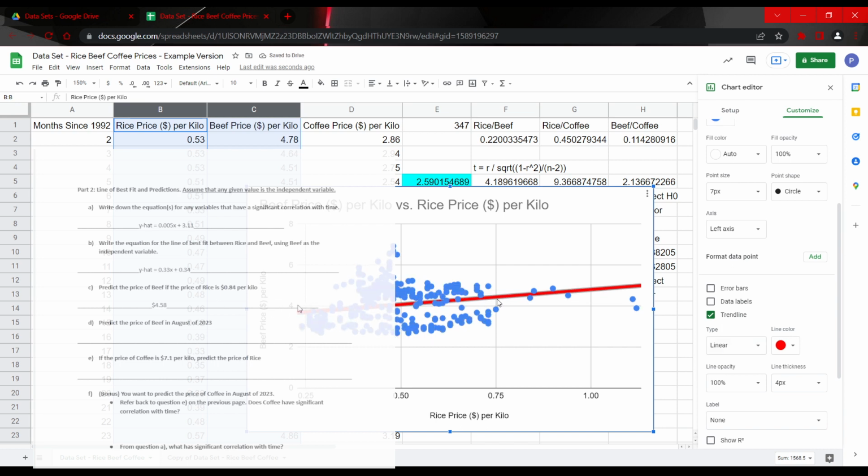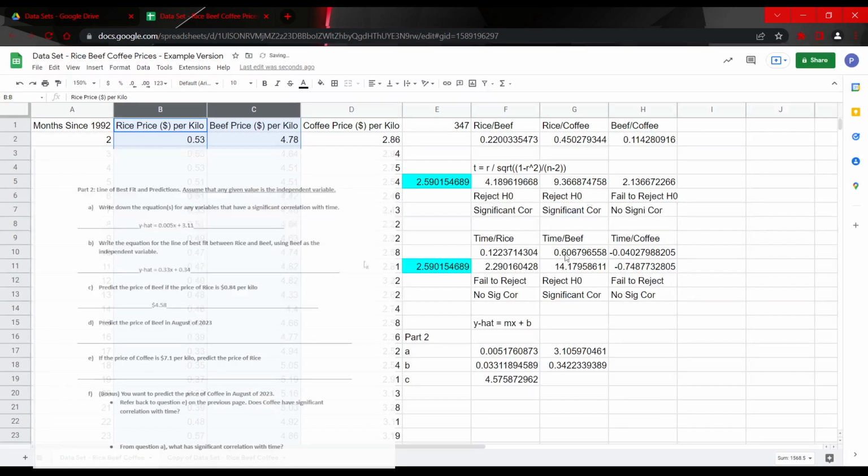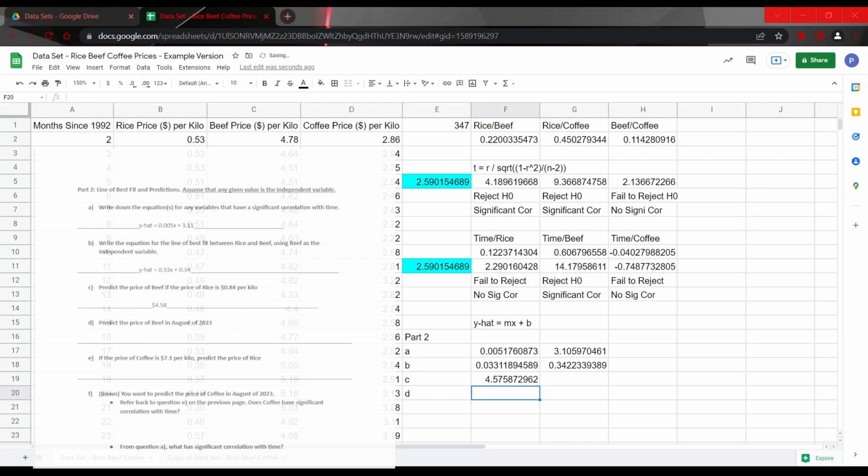Okay. Here, where my rice is going to be 0.84, it's going to be about right here. If I draw a line up to this line, it's about 4.5. So I can know that this is correct, that what I did there with my forecast gave me an approximately correct answer.